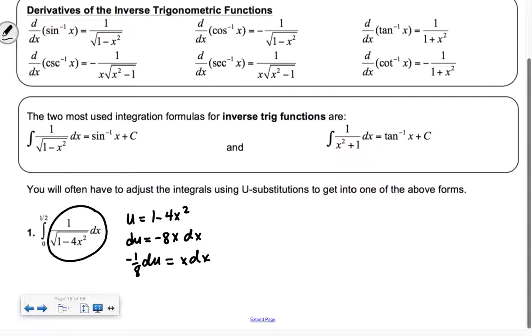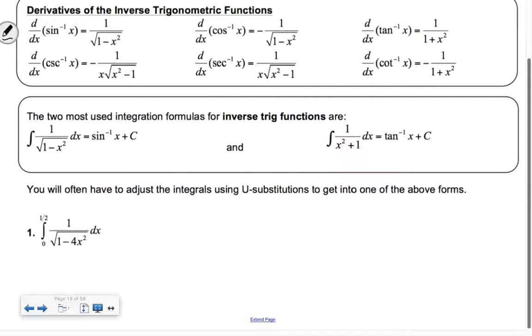So when that happens, think about those two that I told you to memorize, inverse sine and inverse tangent. This one, we want to get like one of those integrals. So we want something like 1 over, do you think it's the inverse sine or the inverse tangent? Probably inverse sine because it has the square root, right? So we want it to look like this, 1 minus u squared. That's our goal.